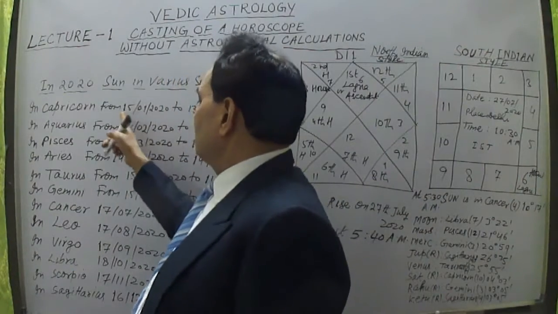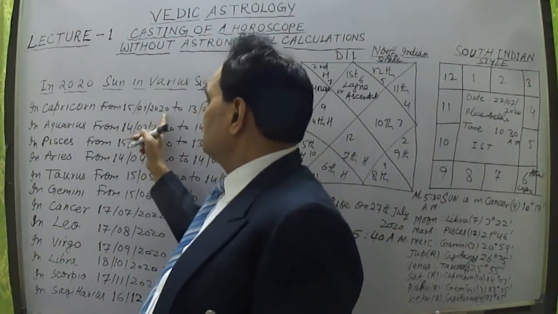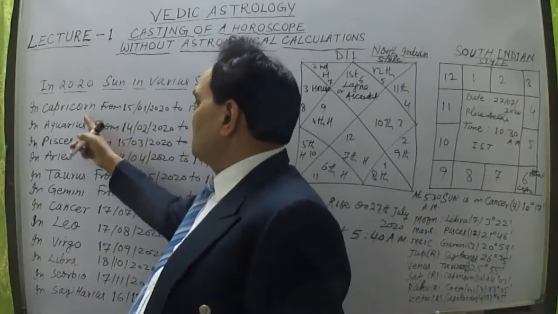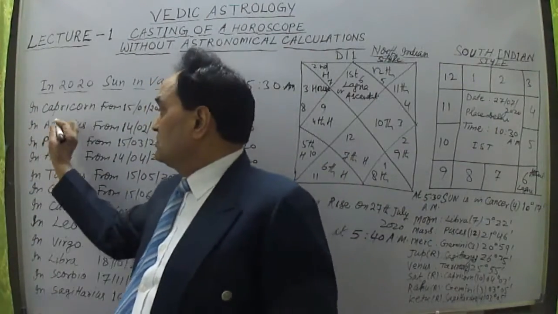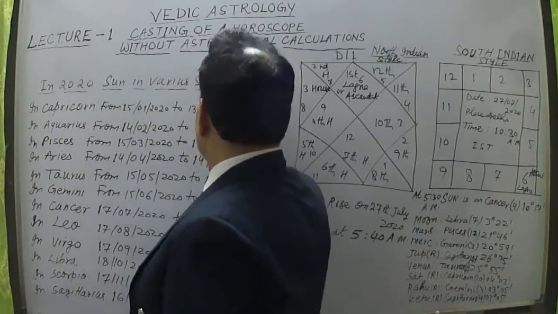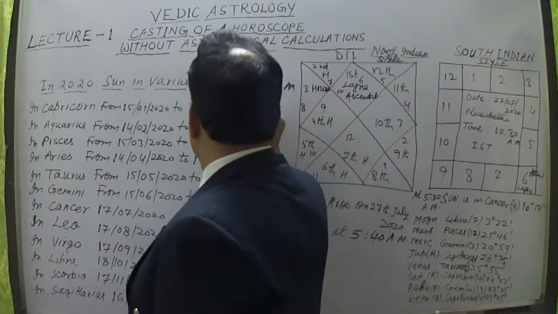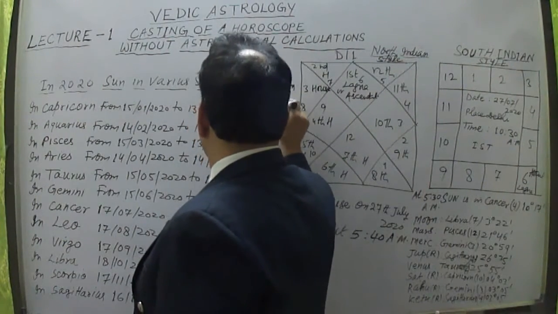So at 5:30 on 15th of January, the sun was in Capricorn sign, right? So Capricorn, 10th sign. Let me write here 10th sign.